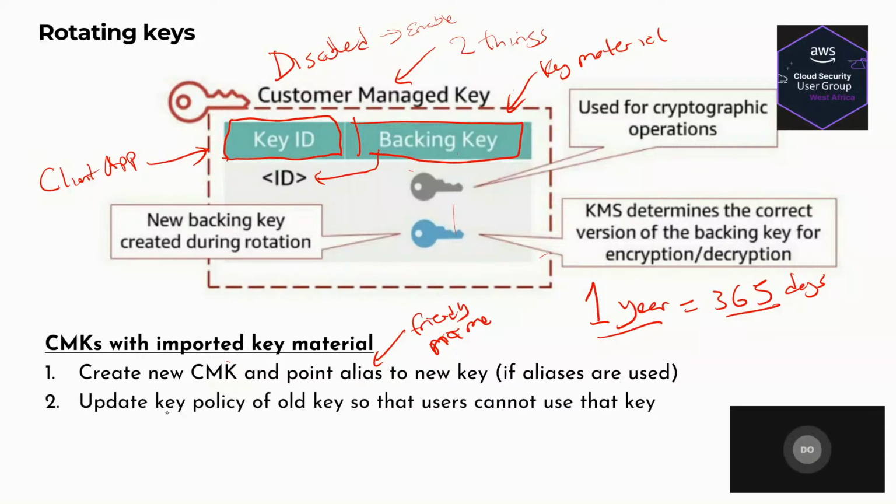And then you can go ahead and update the key policy of the old key so that users or applications cannot use that key anymore. And then after a while, you can disable the old key to ensure that no one is actually using it. And then after a while, you can go ahead and delete the old key. So that's the process that you have to go through. But if you're going to be going for the option where AWS manages that for you, and you're not using imported key material, that's 1 year that you can set that to.